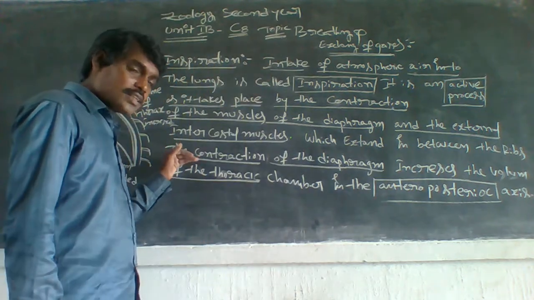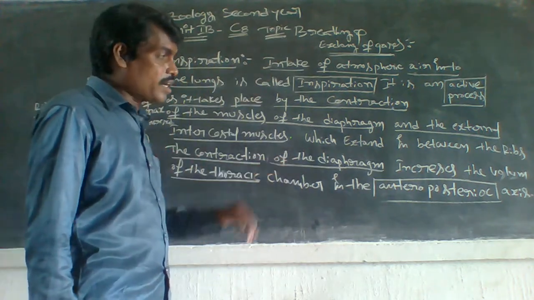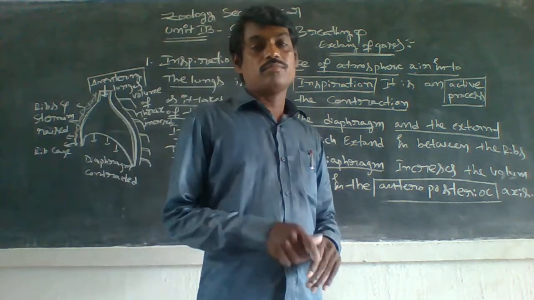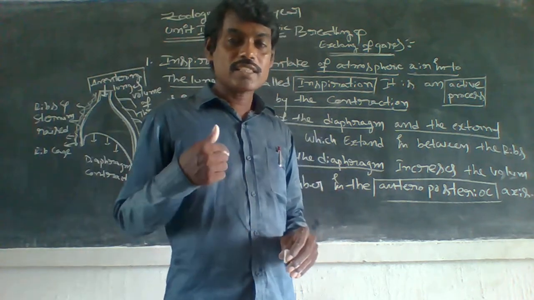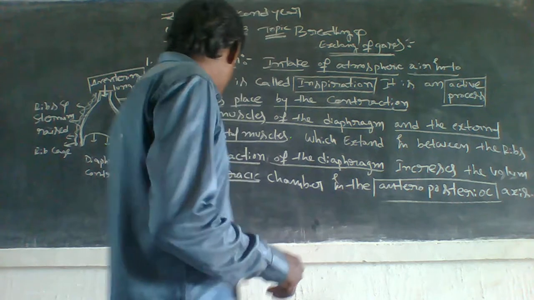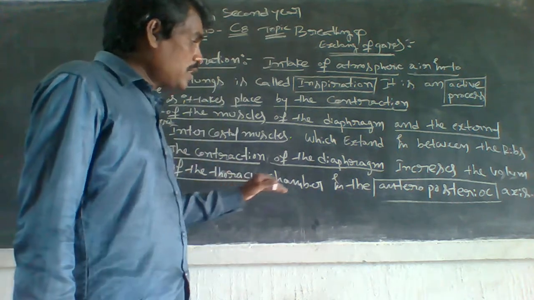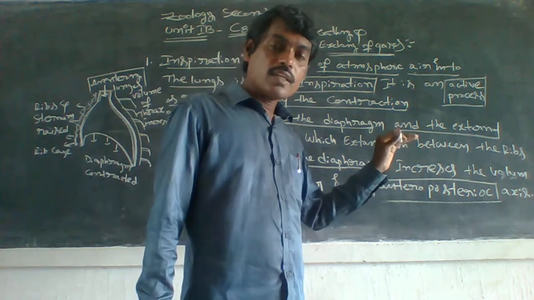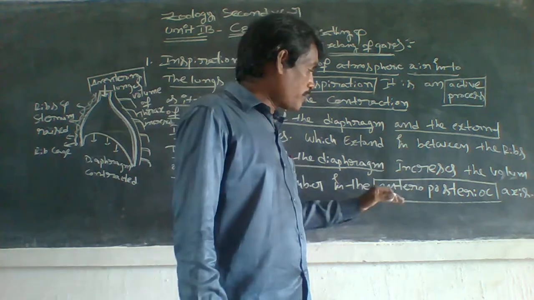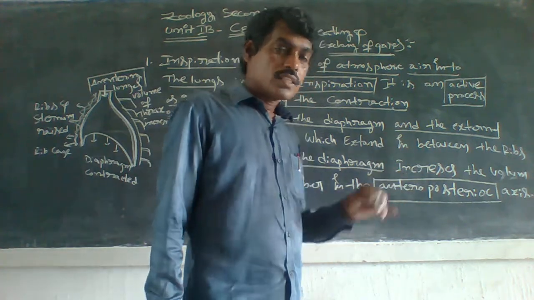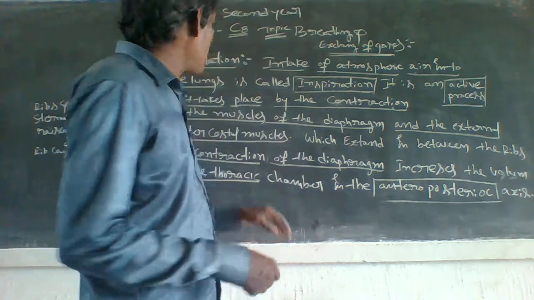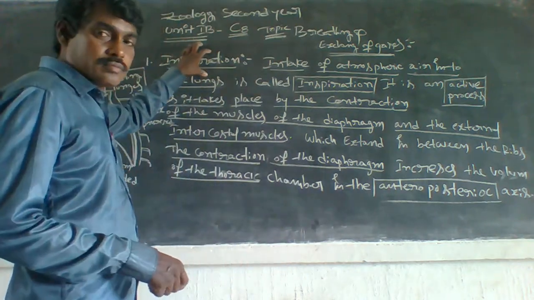The contraction of the diaphragm increases the volume of the thoracic chamber in the anteroposterior axis.